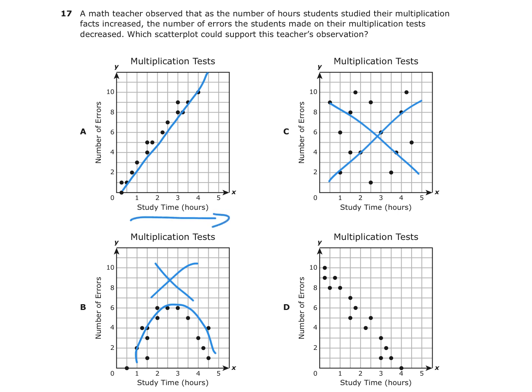That's not what is stated. They're saying that as the number of hours increase, the number of errors decrease. So it's actually D. The number of errors are decreasing. Anything going down like that, if the slope is down, that's decreasing. And the correct answer here was D.